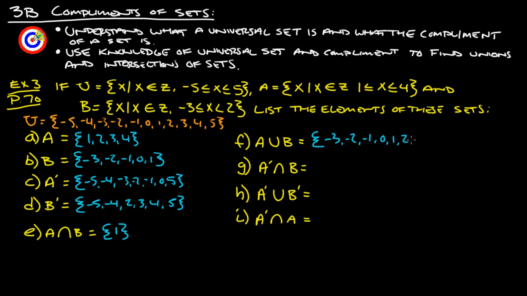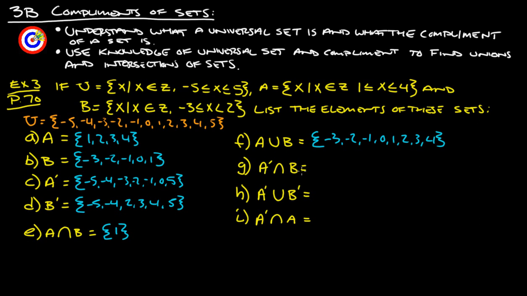That covers all of B, and then we already covered the 1, so we need 2, 3, and 4. That's a terrible bracket. So that's A union B, everything in A and B put together.